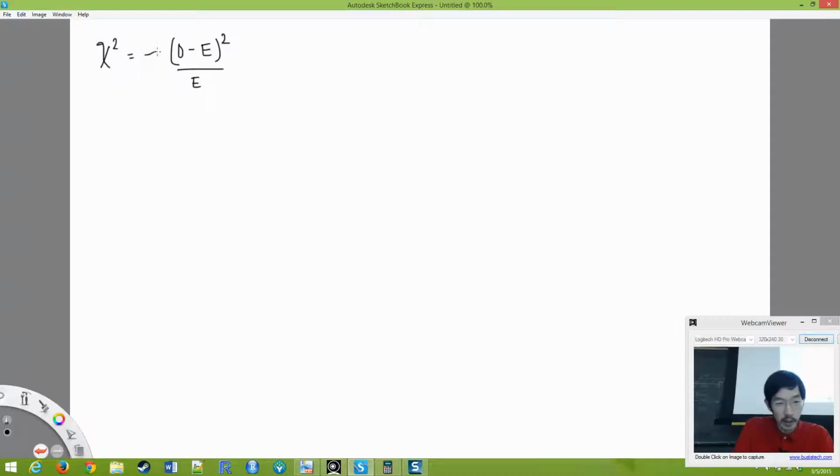Okay, and then we add this up for all categories. All right. So remember the expected proportions were 0.25, 0.5, and 0.25 for each of these things.